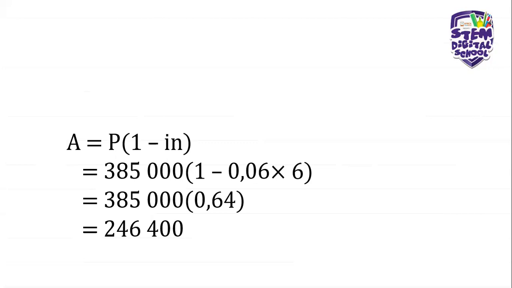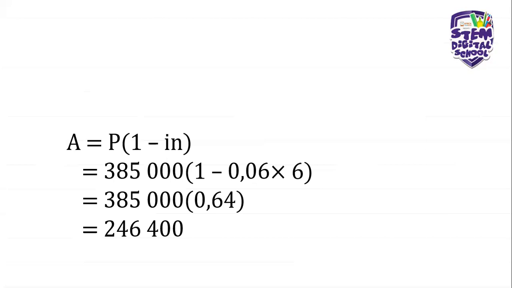So if you multiply 385,000 rands by the contents of the bracket there, you can see we have 1 minus 0.06 times 6. We know that 0.06 times 6 will give us 0.36. And of course, if you subtract 0.36 from 1, you get 0.64.